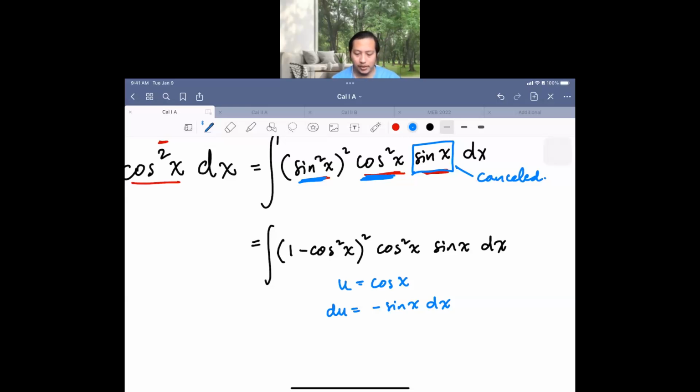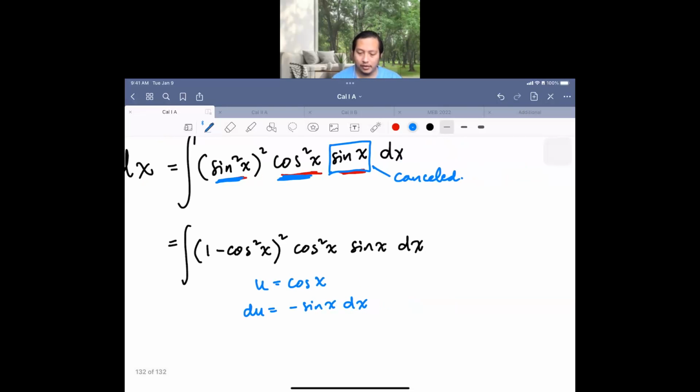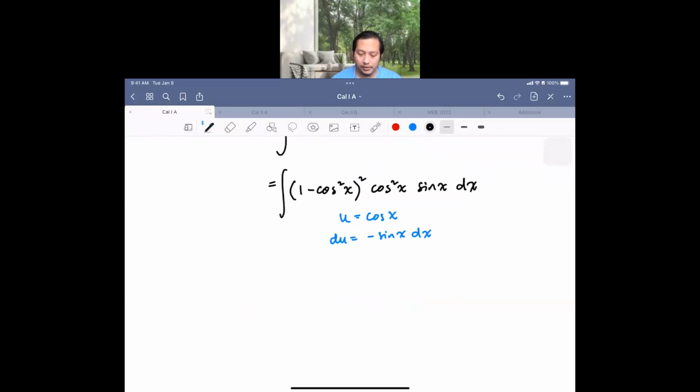So we are going to have a minus because of the minus sine x, and the sine x will be cancelled because of the substitution method. This will be 1 minus u squared, squared, times u squared, and then du.